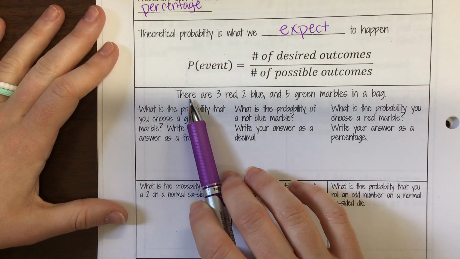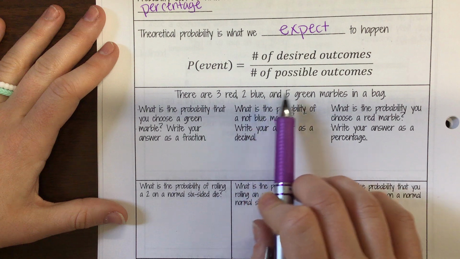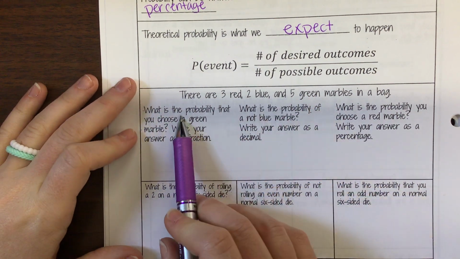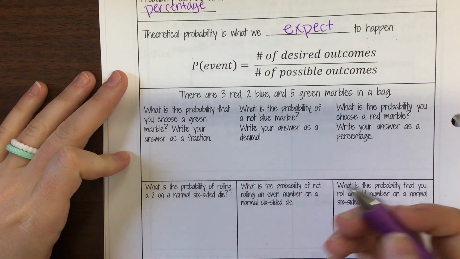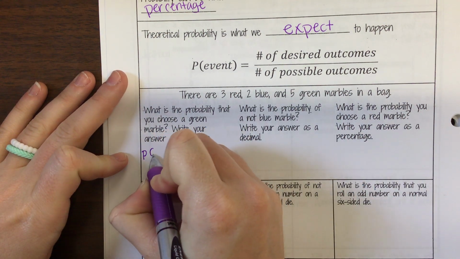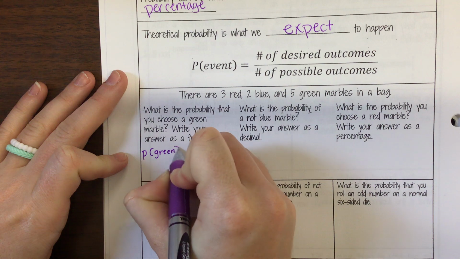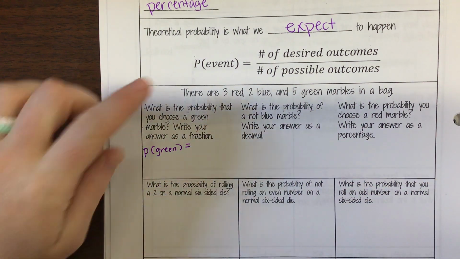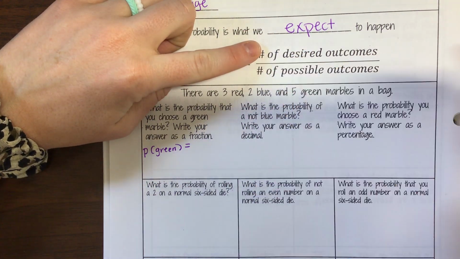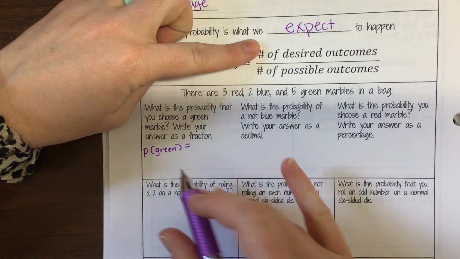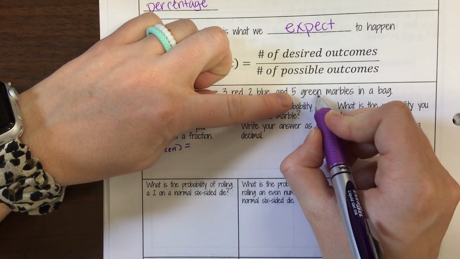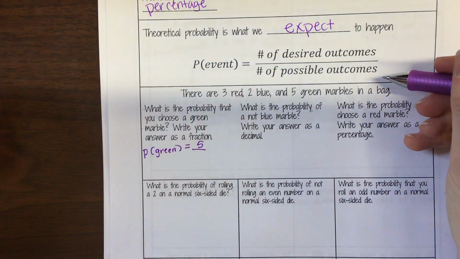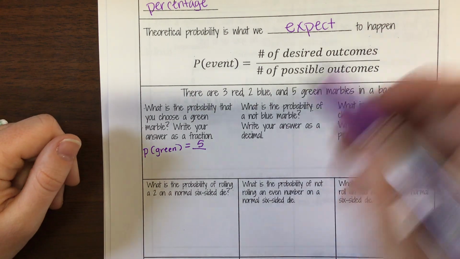So this example says there are 3 red, 2 blue, and 5 green marbles in a bag. So what is the probability that you choose a green marble? So the probability of green is equal to the number of desired outcomes. How many things are there that we want? We're looking for green. There's 5 green over the total number of possible outcomes.